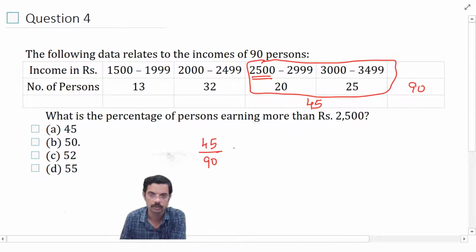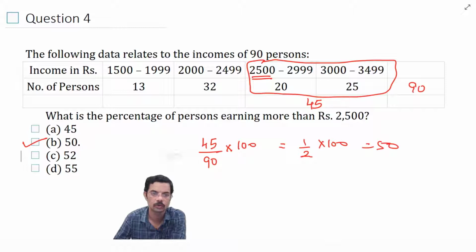We need to convert this into percentage, so we multiply by 100. That is 1 by 2 into 100, which is equal to 50. So your answer is option B, 50.